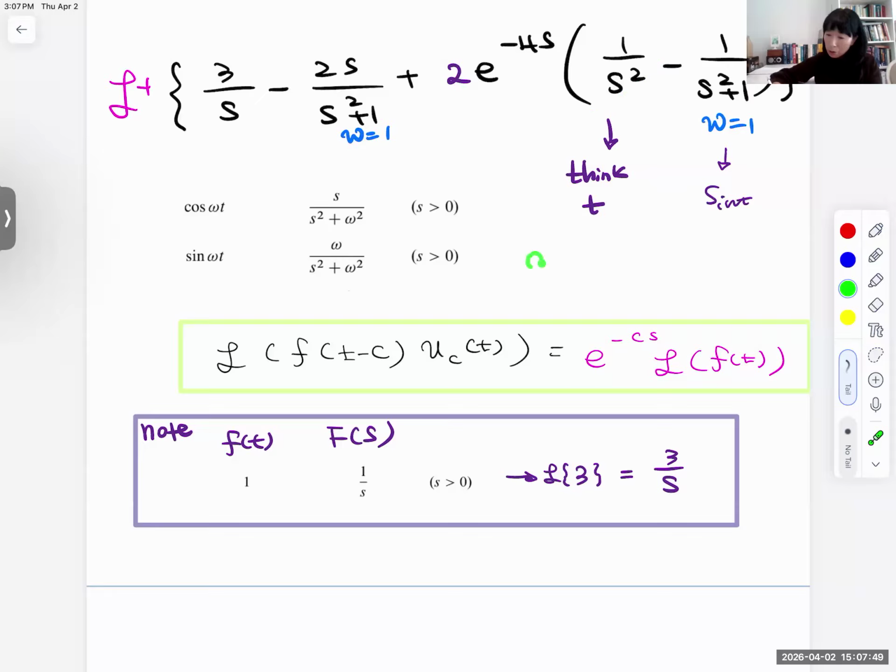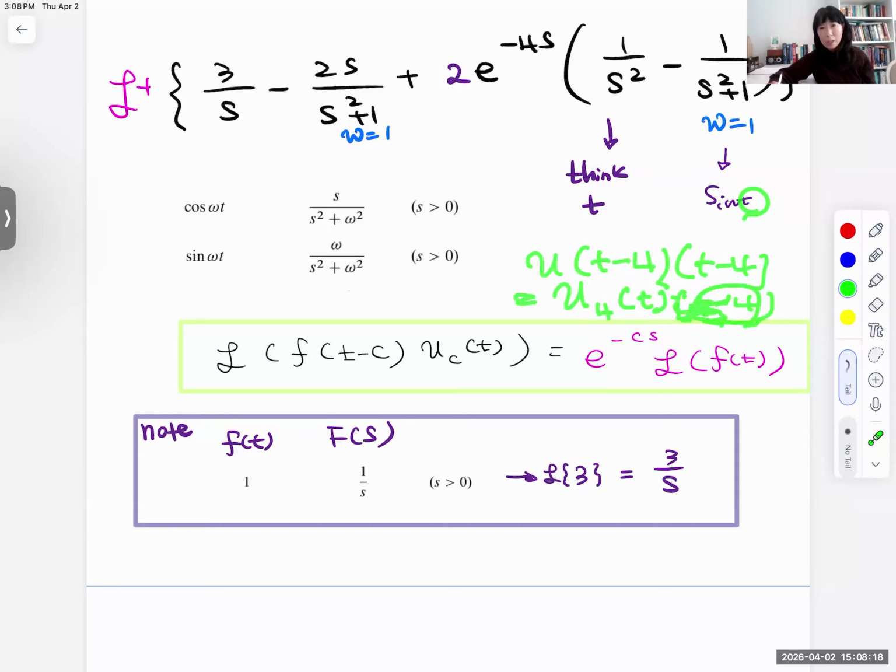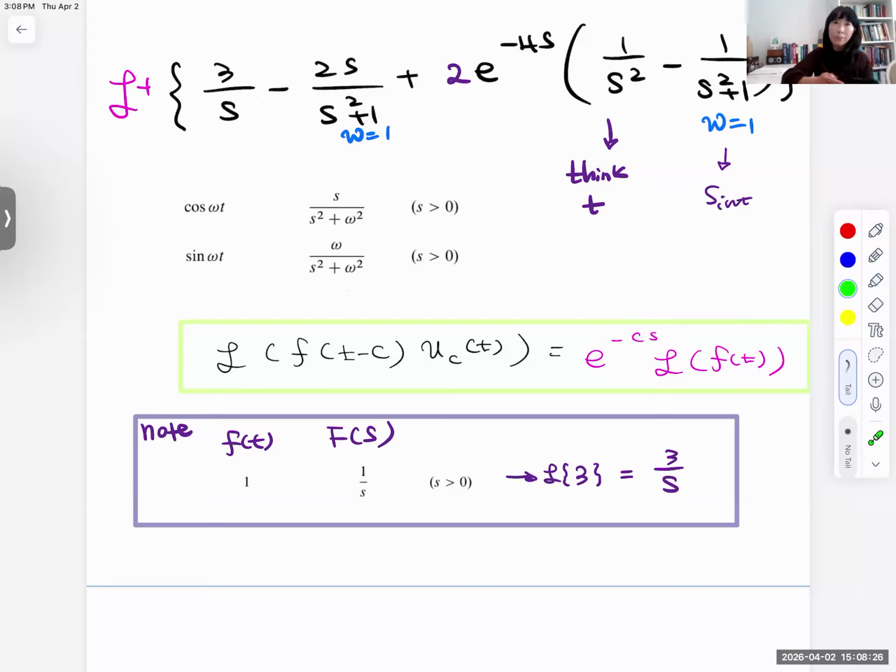So there will be u sub c of t, with t minus 4 because c equals 4, right? Or we can express it as u of 4 over t and t minus 4. Make sense? Okay, so in that case, we're not using just the t. We are using t minus 4. Make sense to you?